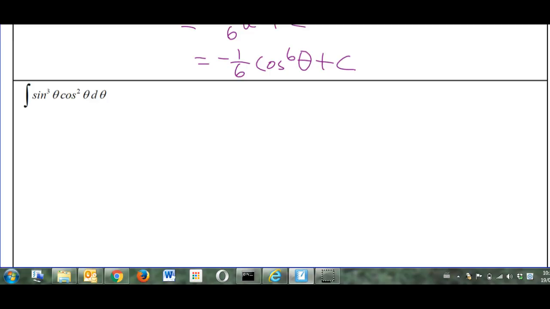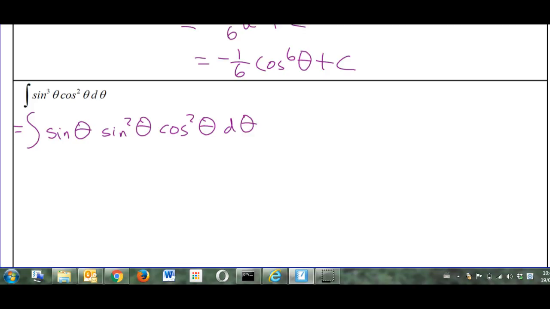So this has sine cubed and cos squared. So here's the deal. If we let u be sine theta, we need a cos theta. We don't have a cos theta. We got a cos squared theta. If we let u be cos theta, we need a sine theta. So the thing is, what we want to do is, I want to get a sine theta by itself. Now I can do that by splitting the sine cubed theta up into sine theta times sine squared theta times cos squared theta d theta.